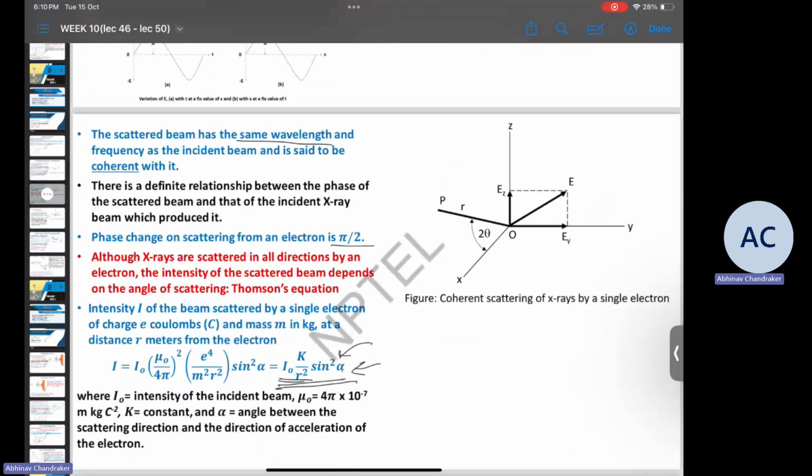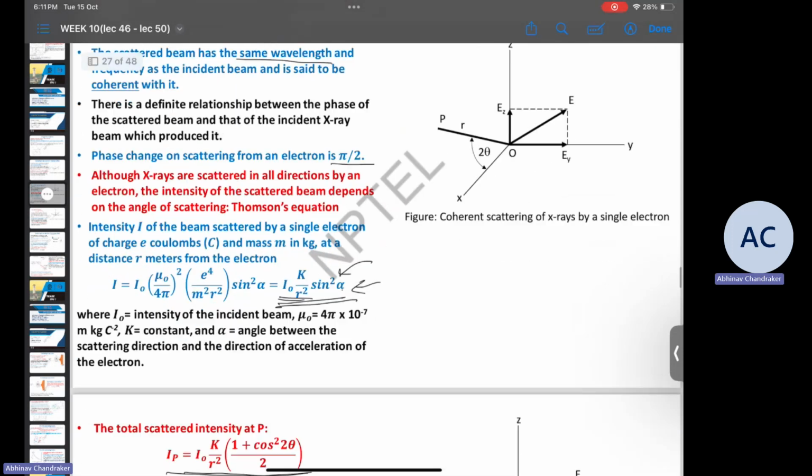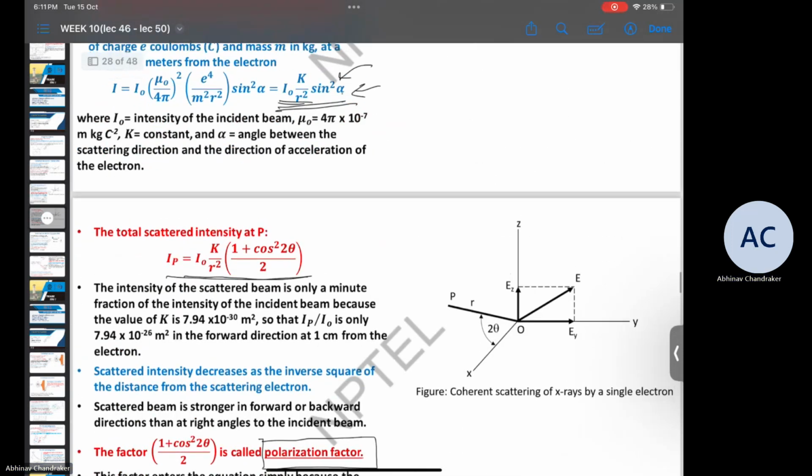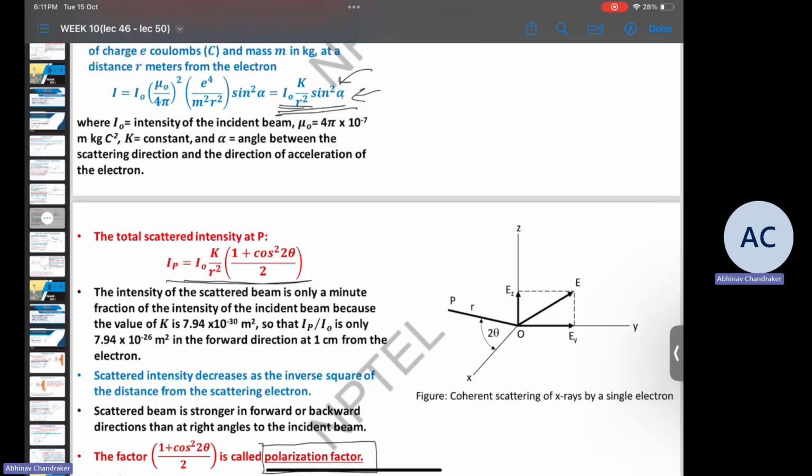When an X-ray is incident on an electron which is tightly bound to an atom, the electron will start to oscillate, and that oscillation will lead to emission of X-rays. And the intensity of it, as I had shown, can be written as a function of small r and theta.